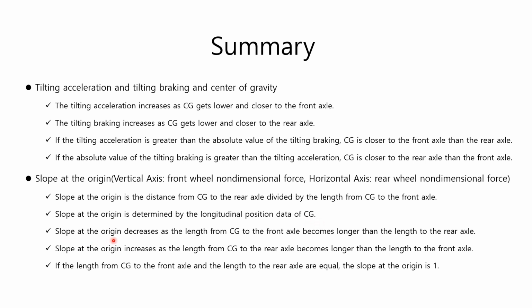Slope at the origin decreases as the length from CG to the front axle becomes longer than the length to the rear axle. Slope at the origin increases as the length from CG to the rear axle becomes longer than the length to the front axle. If the length from CG to the front axle and the length to the rear axle are equal, the slope at the origin is 1.